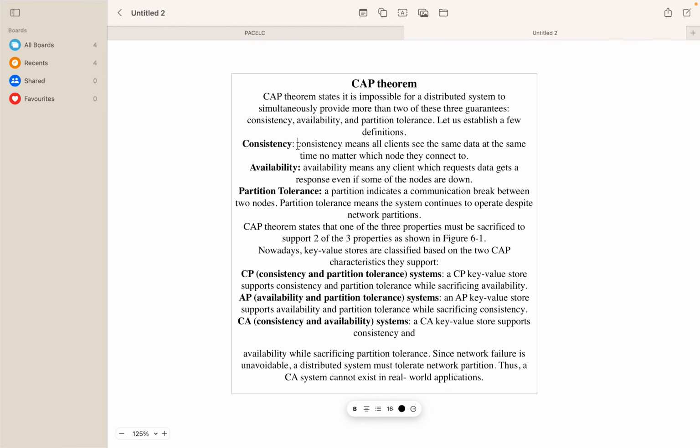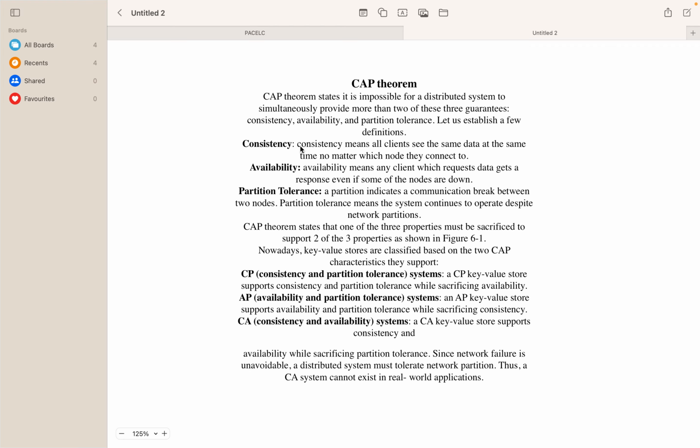Consistency means all clients see the same data at the same time, no matter which node they connect to. In simple words, if some data is there, that data should always be the same to all the reading nodes.